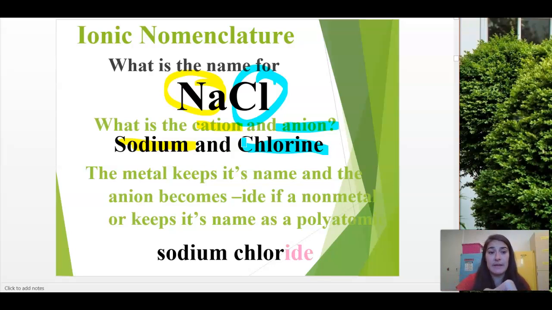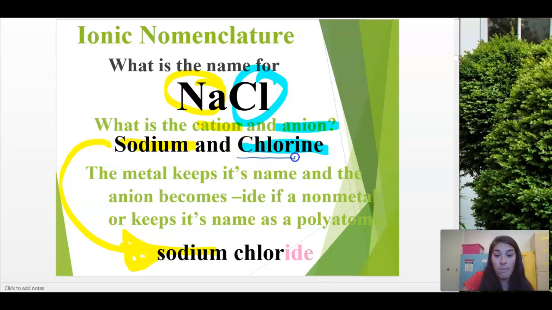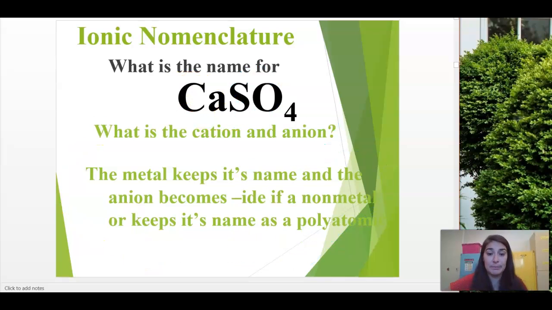The metal keeps its name, great, it just stays as sodium. And then the non-metal, you take that root of the name, that chlor, and you add IDE. Sodium chloride.